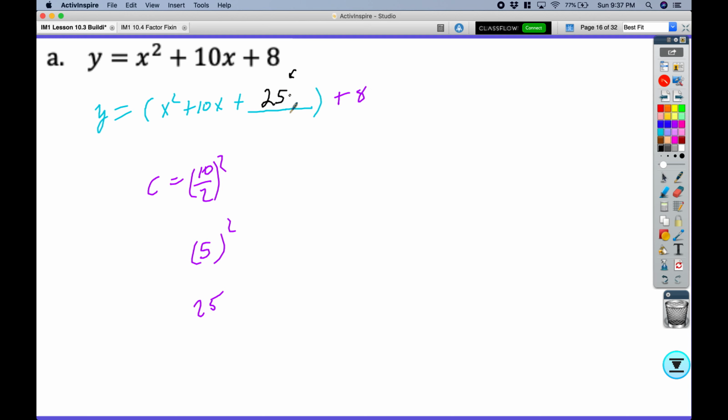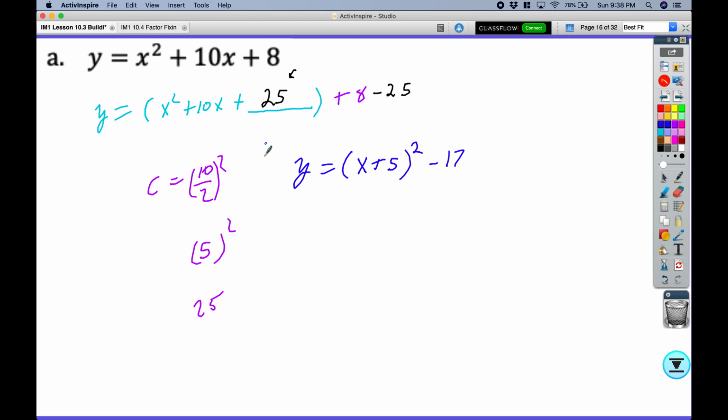So if I add 25, remember I'm still on the right side of the equal sign, I need a minus 25 over here. So then right now, I have all the components to make a perfect square. So in the light blue, what I can turn that into is x squared plus 10x plus 25 will convert down into (x plus 5) squared. And then 8 minus 25 is negative 17. And then you're done.